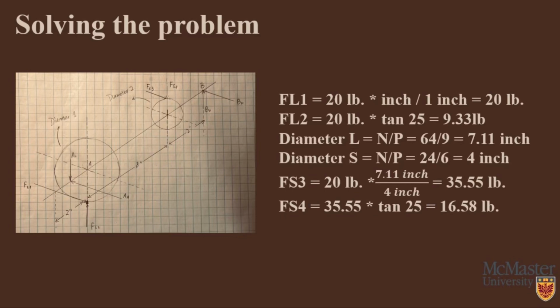The force of the small gear 3 equals 20 pounds times 7.11 inches over 4 inches, which equals 35.55 pounds. This is a tangential force. And the force of the small 4 equals 35.55 times tangent 25 degrees, which equals 16.58 pounds.